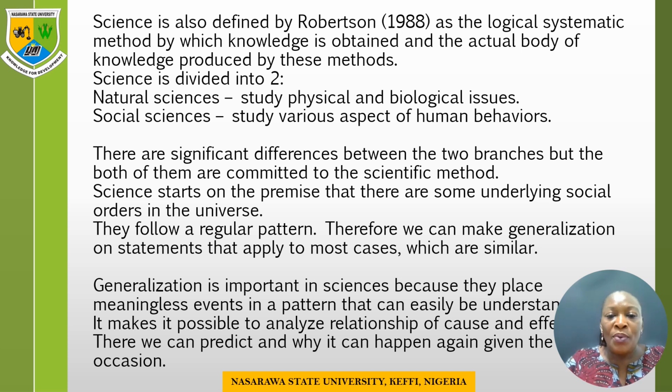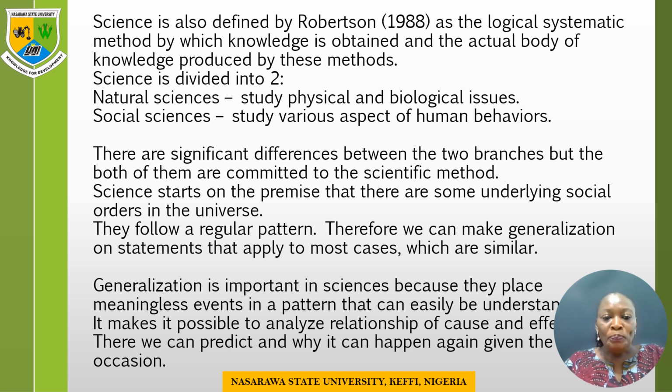Science starts at the premise that there is some underlying social order in the universe. They follow a regular pattern. Therefore, we can make generalizations, statements that apply to most cases which are similar. Generalization is important in science because it places meaningful events in a pattern that can easily be understood.